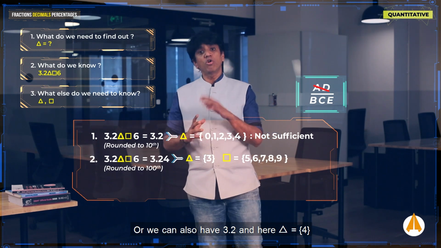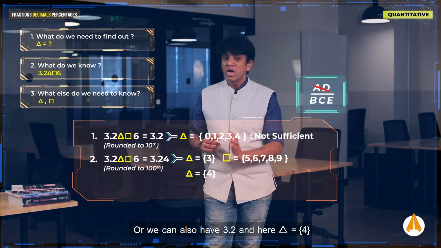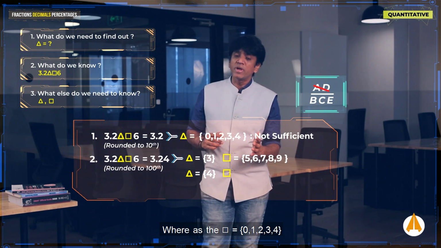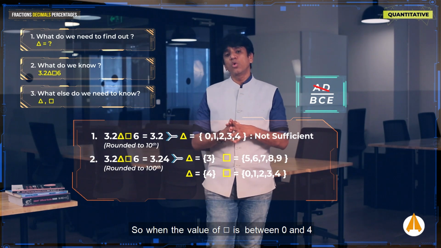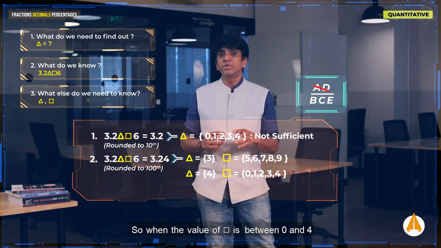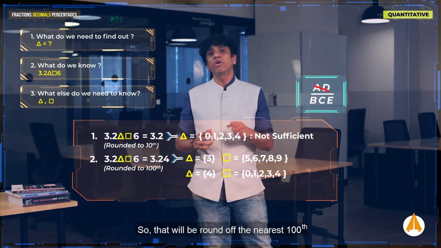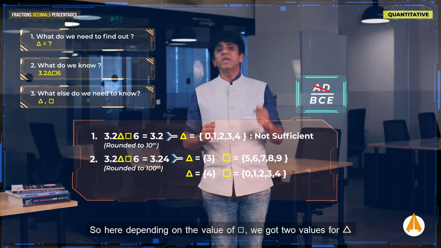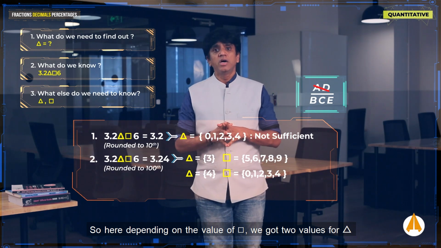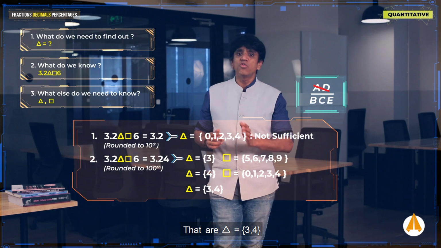Or we can also have 3.2 where the triangle value is 4, whereas the square value would be 0, 1, 2, 3, 4. So when the value of square is between 0 and 4, triangle can be 4, so that when we round off to the nearest 100, we get 3.24, right? So depending on the value of square, we got two values for triangle, that are 3 and 4, right?